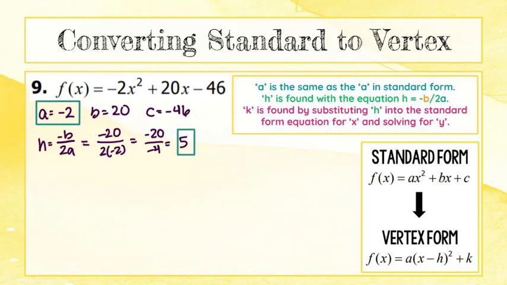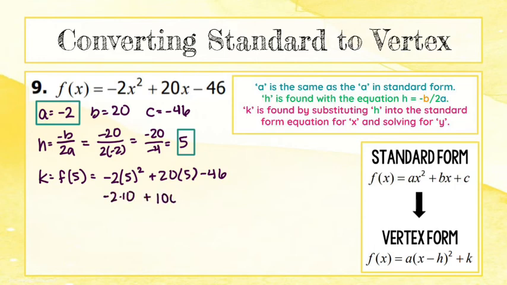Then to solve for K, we take f of 5. So we have -2 times 5 squared plus 20 times 5 minus 46. So this is -2 times 10 plus 100 minus 46. And we are going to get +4.